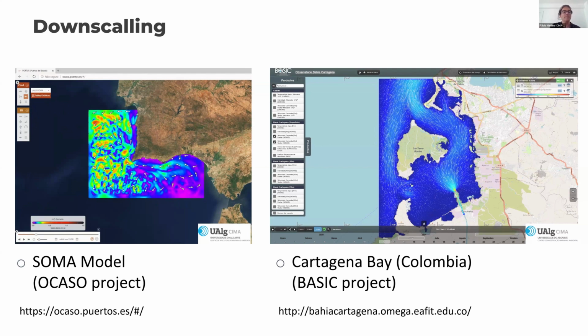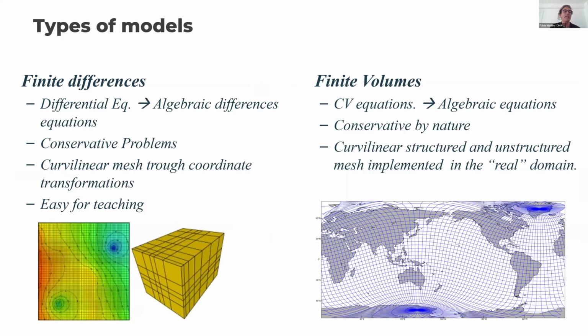Okay, so very briefly, different types of models. We have finite differences and finite volumes, okay? The big difference between them is that they both use these Cartesian orthogonal grids. Big difference is that in the finite difference, we transform the differential equations into algebraic differences, okay?